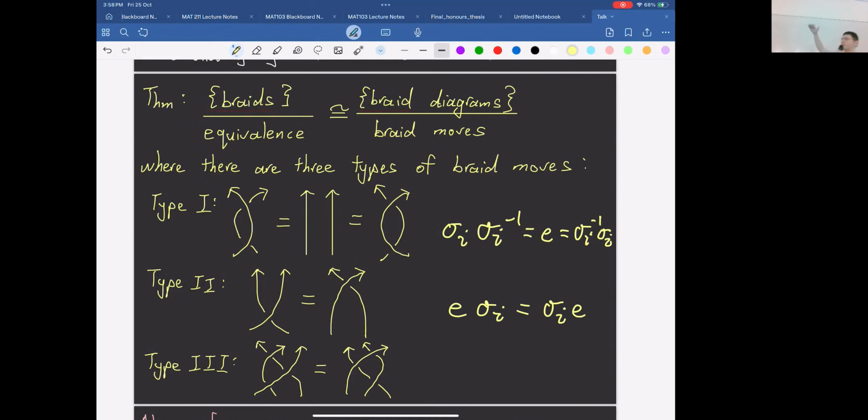We are reading the braid from bottom to top, so we are composing braids here. And the last one is the braid move: sigma i plus 1, sigma i, sigma i plus 1 equals sigma i, sigma i plus 1, sigma i. So these are the generators of the group.